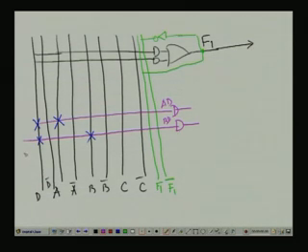So, I need another input, as here F1 becomes an input line. I have taken the output of the first OR gate, that is the function F1, as one of the input variables.